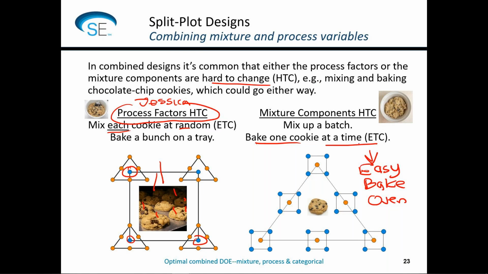You may remember this from way back when you were a kid, but it's got a light bulb in it, and the kids can mix up a little cookie and put one cookie in the oven, turn on this Easy Bake Oven, and the light forms the heat, and then you could bake that. Now that would also be a split plot, but we're now making the mixture components the hard to change, and we're making the process factors easy to change because of this Easy Bake Oven.